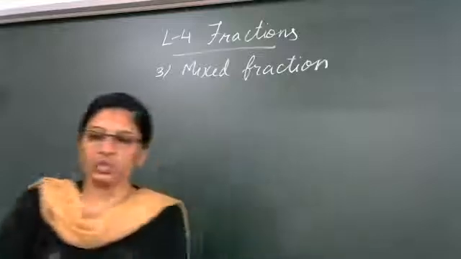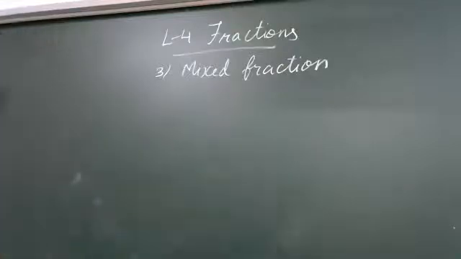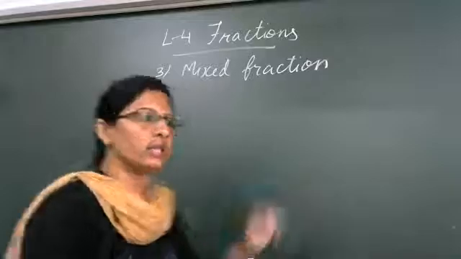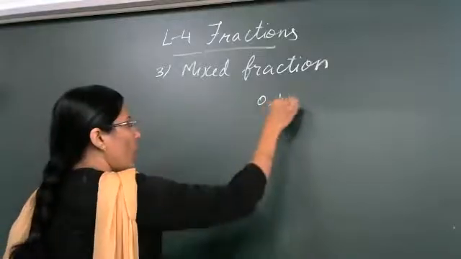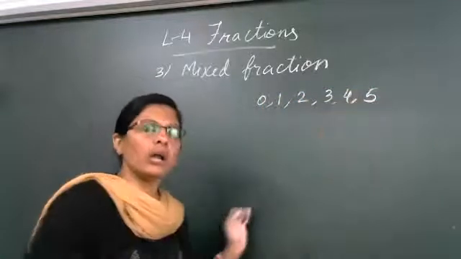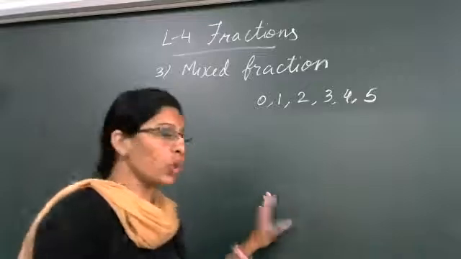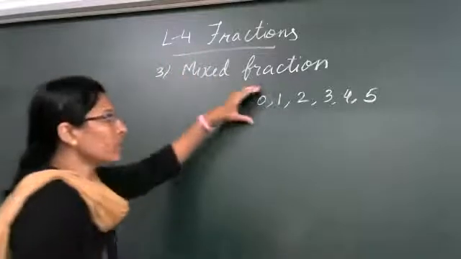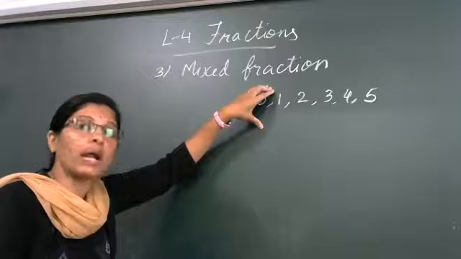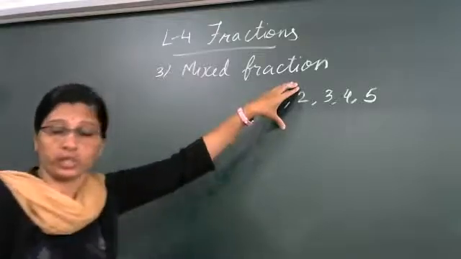Now mixed fraction is a mixture of a whole number. Whole numbers means 0, 1, 2, 3, 4, 5. These all are whole numbers. So a mixture of a whole number and a proper fraction.